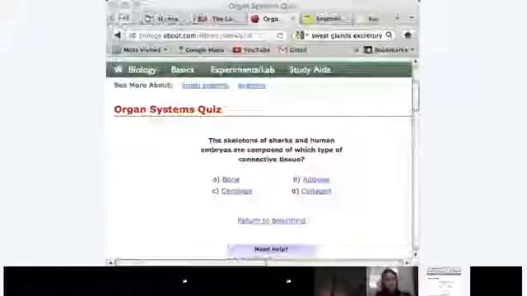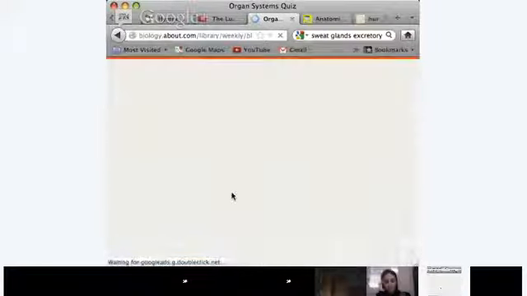But cartilage still counts as a connective tissue, and sharks are made of cartilage, as are human embryos. As we talked about, cartilage is not the same thing as bone. It's a little bit different.